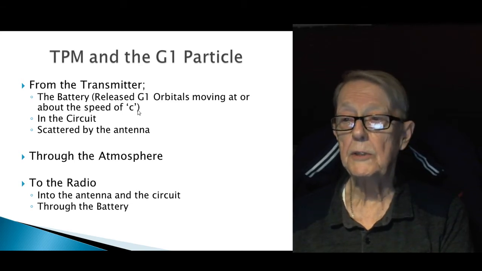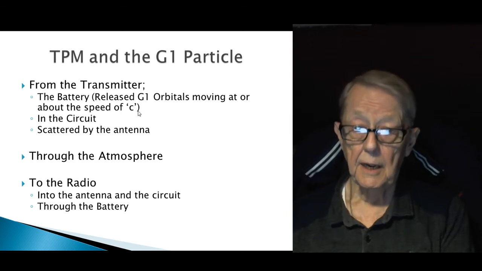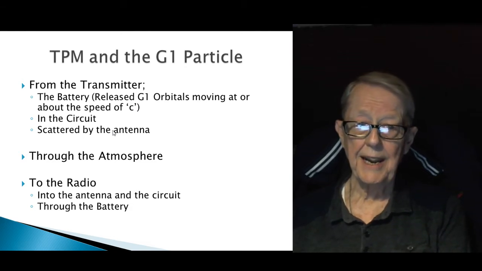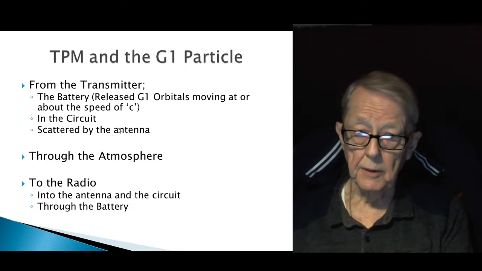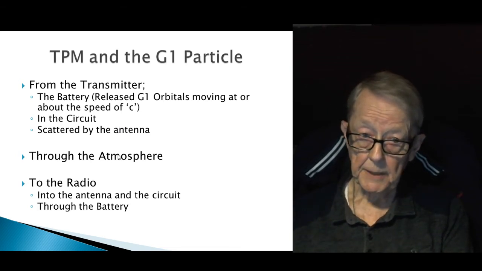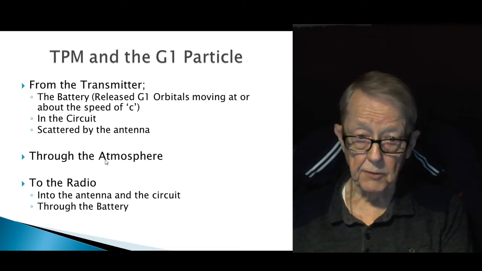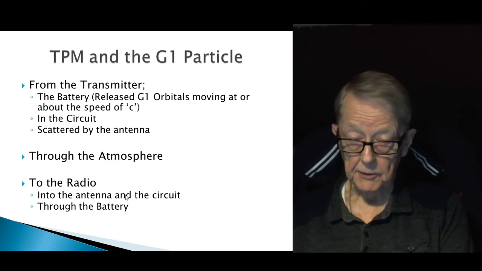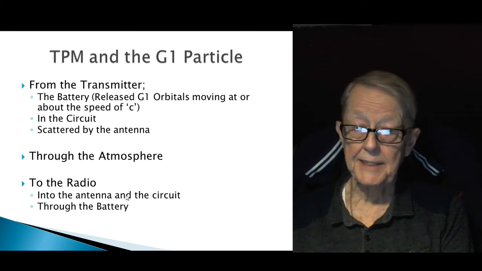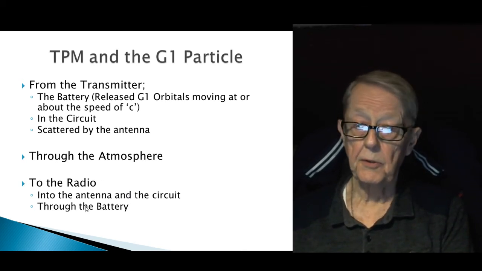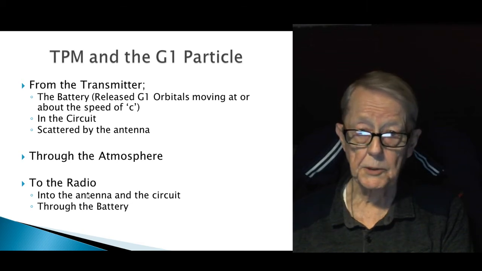I'm saying no, the G1 particle, which is the replacement for the electrons, moves at speed c in the circuit, and then the G1 particles finally get to the antenna. They're scattered into the atmosphere. They propagate through the atmosphere. They get to the radio, into the antenna, where the audio signal is detected, and the G1 particle actually ends up going through the battery there, or the power supply.